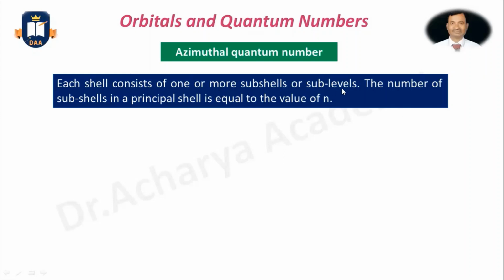So this is a very important statement. When the principal quantum number n is equal to 1, this shell has only one subshell. And when the principal quantum number is 2, then this shell has 2 subshells, and so on.